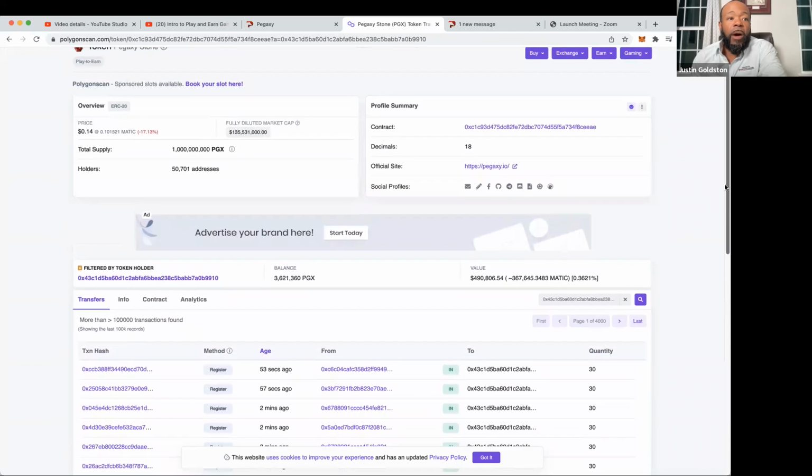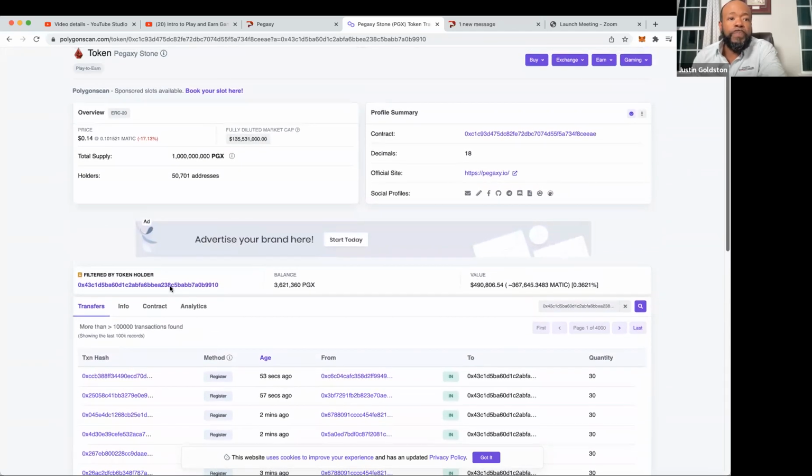So you can see that on the blockchain, everything is transparent. So right now, there are 50,000 addresses, 50,000 people, 50,000 holders of this PGX token. And this is the actual contract address. And this contract address currently holds 3.6 million PGX tokens.